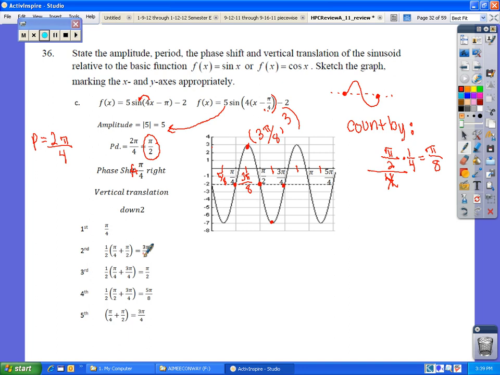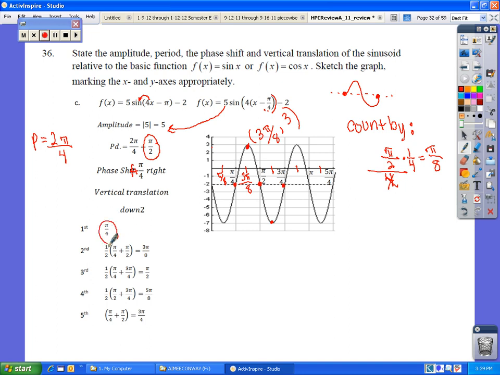The other way you could have done it is identify that this is a vertical translation down 2, by using your phase shift of pi over 4 right and your dilation or your amplitude of 5, and your b value, I guess it's more your b value. So for each of these, first off, you could have added the pi over 4 plus pi over 2, and then multiply by 1/2, and you get 3 pi over 8.